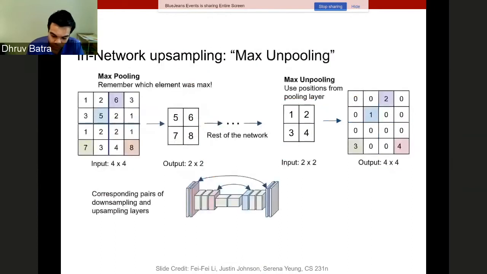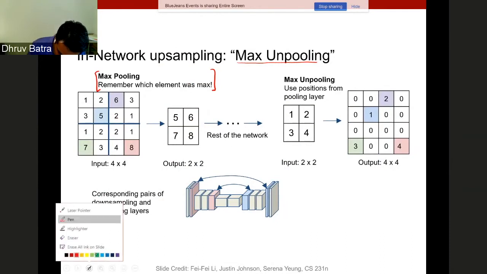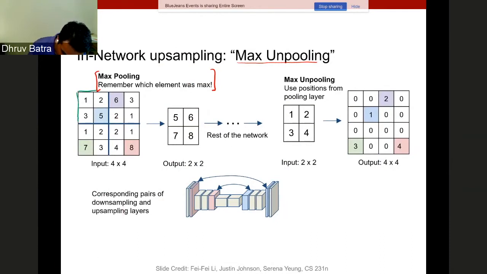Moving to the more formal method, there is another trick that is also known as max unpooling, which is the analog of max pooling. So remember the max pooling operation, where we took a filter placement at this location, and this is a 2 by 2 max pooling layer with a stride of 2 as well.